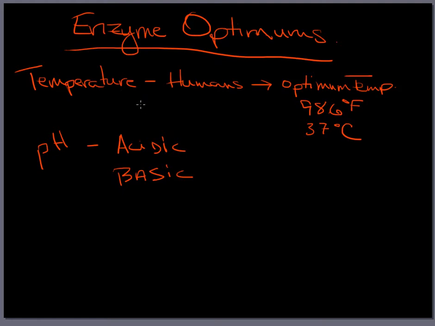So enzymes that function in acidic environments are those that function in the stomach, for example.